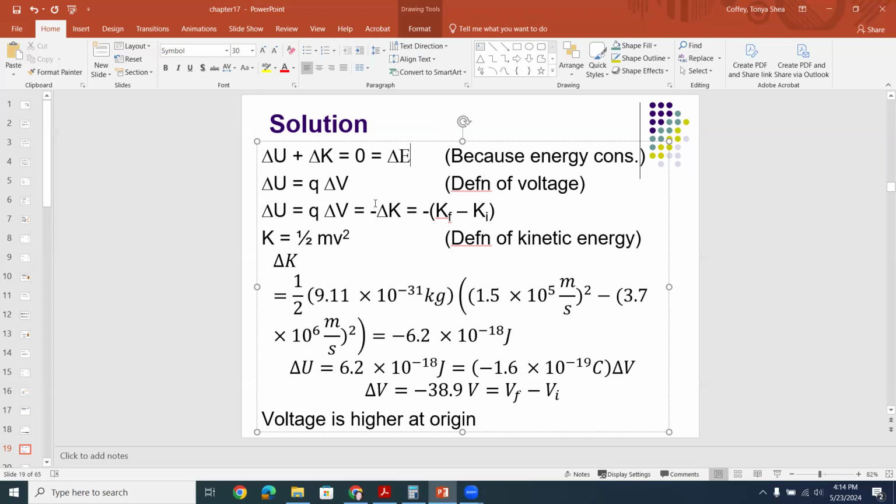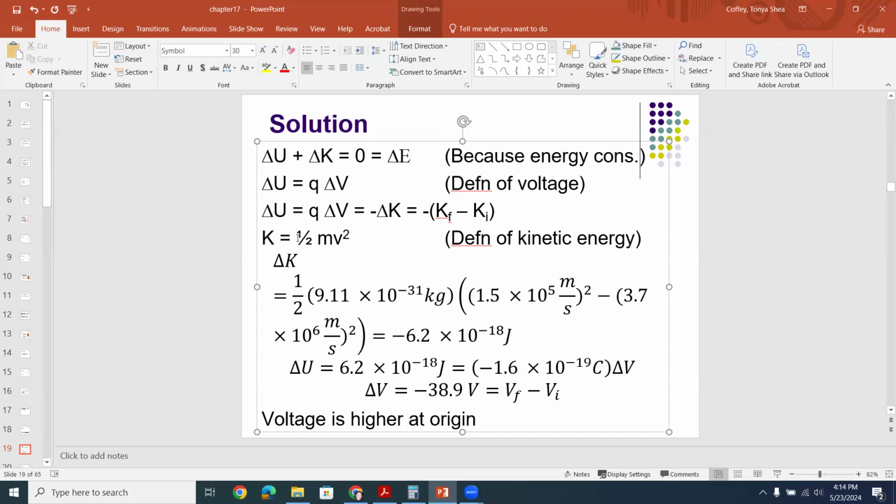And then I plug that in for Q delta V. Now remember that delta K means the change in the kinetic energy, which is K final minus K initial. Also remember from last semester that the kinetic energy for an object is 1/2 mv squared. That's the definition of kinetic energy.